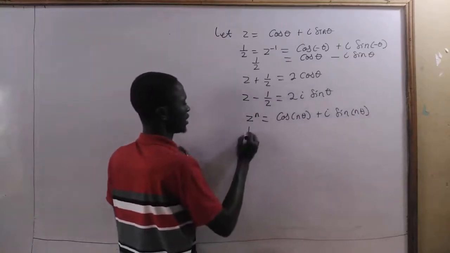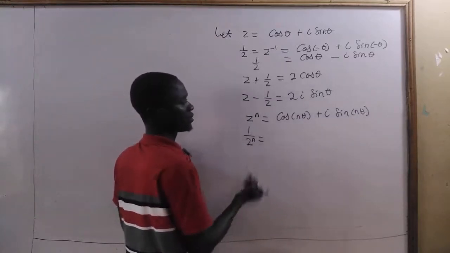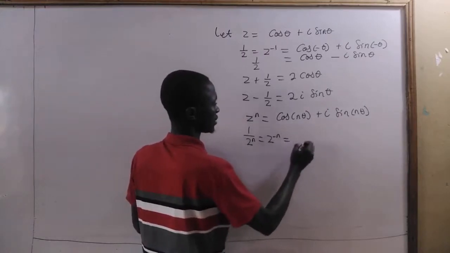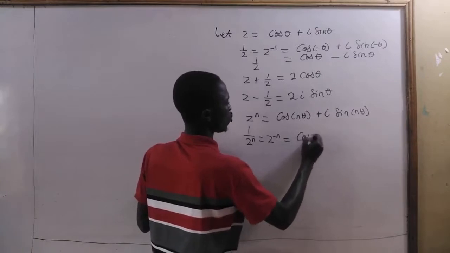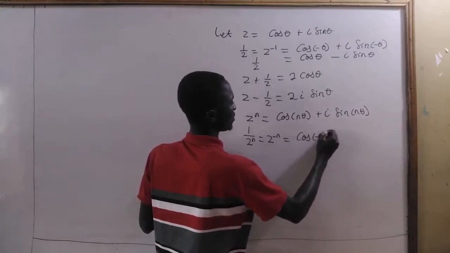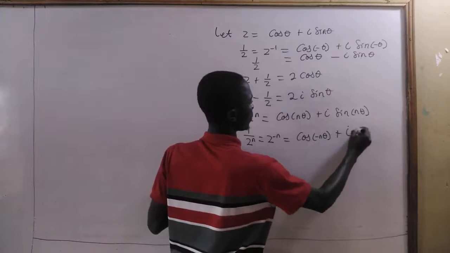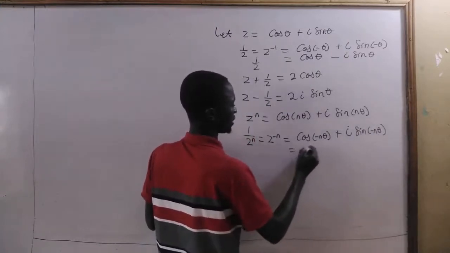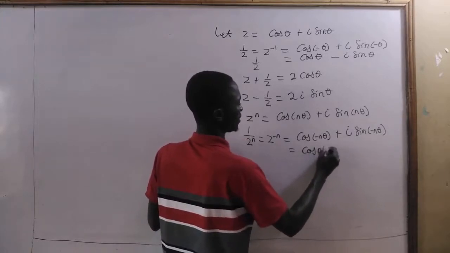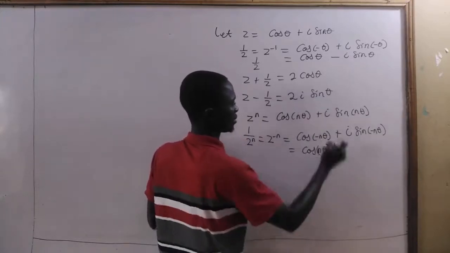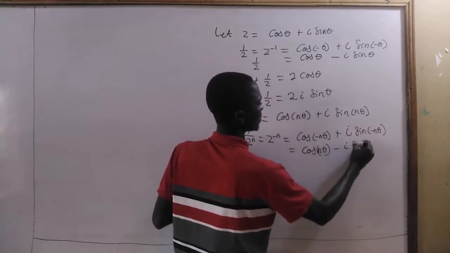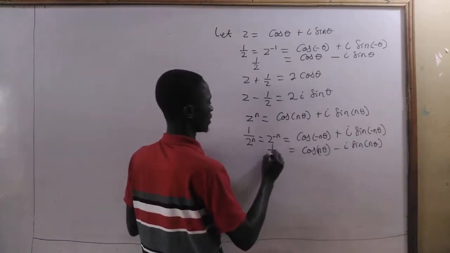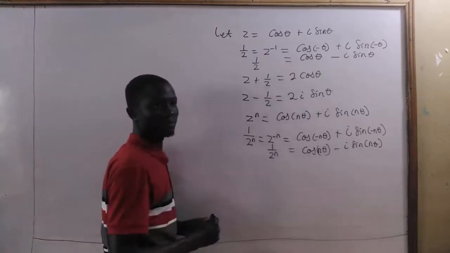And if I take 1 divided by z to the power n, I'm going to get z to the power negative n, which is the same as cosine of minus n theta plus i sine of minus n theta. And this will give us the same cosine of n theta, I've explained this, minus i sine of positive n theta as 1 over z to the power n.